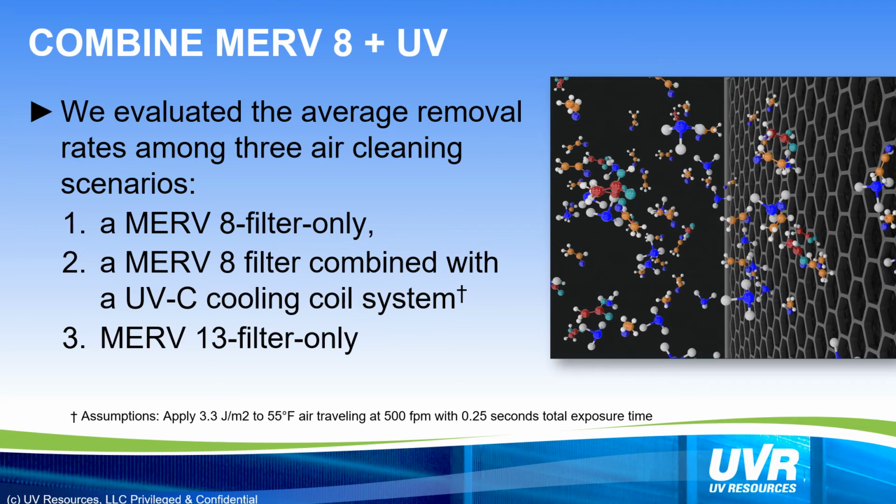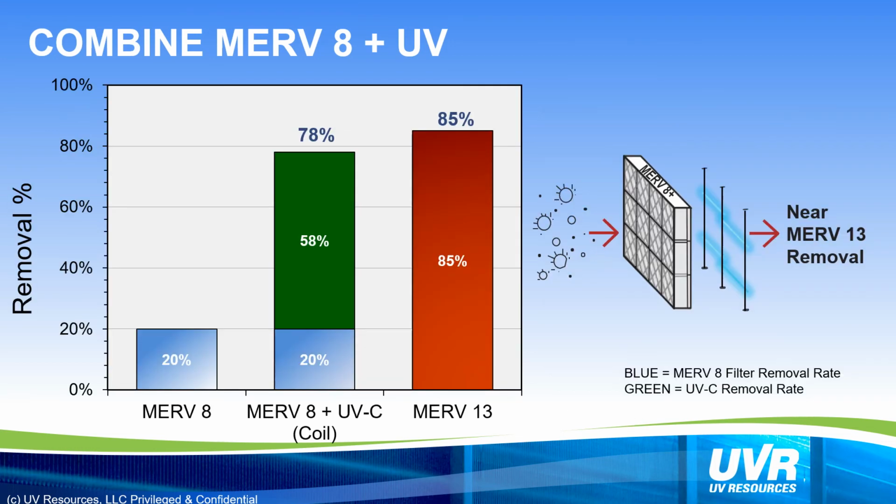Together, we looked at the pathogen removal rates of a MERV 8 filter only, a MERV 8 filter combined with the typical UVC cooling coil system producing a UV dose of 3.3 joules per meter squared, and a MERV 13 filter only. And what we found is really surprising.